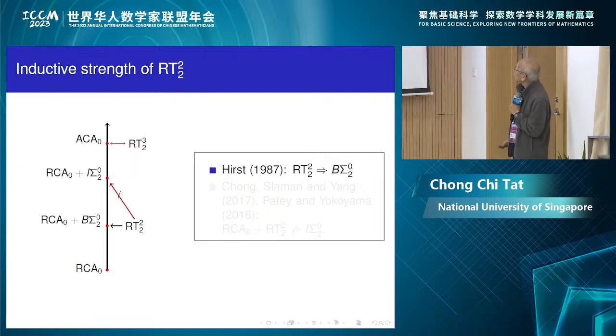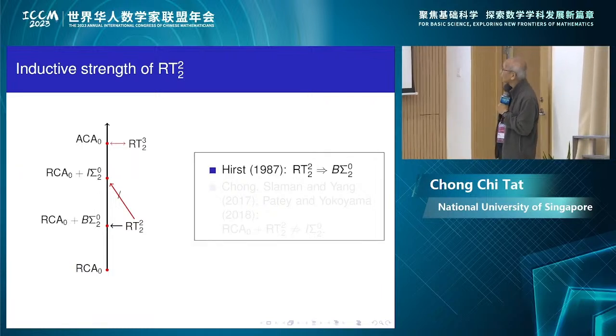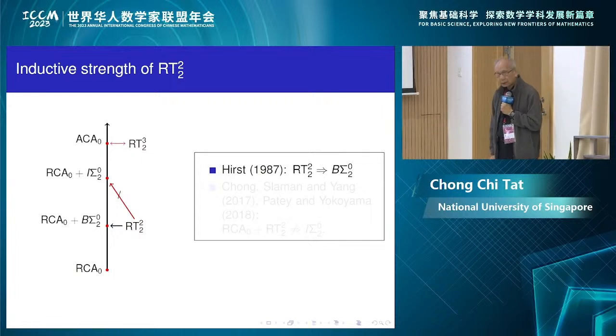First of all, in 1987, Jeff Hirst showed that Ramsey's theorem for pairs must imply B sigma 2. In other words, Ramsey's theorem for pairs cannot be so weak that it falls down to RCA0. It must be stronger than RCA0. That's the first fact that's known.